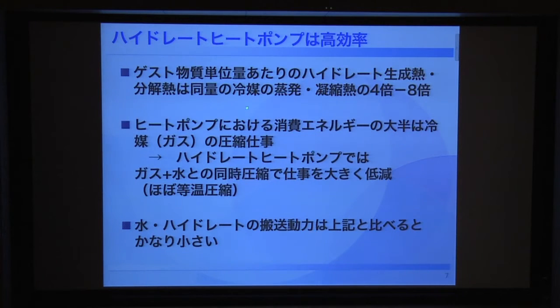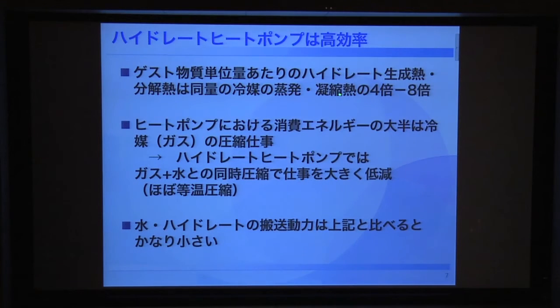You may think that the vapor compression method is already good enough, but there are some technical aspects to this. For example, let's say we use 1 mole of guest material and 7 to 10 moles of water. And per mole, the amount of heat generated by hydrate is basically 4 to 8 times as compared to the same amount of, let's say, propane.